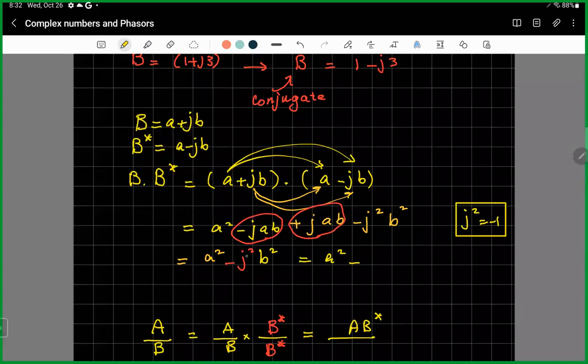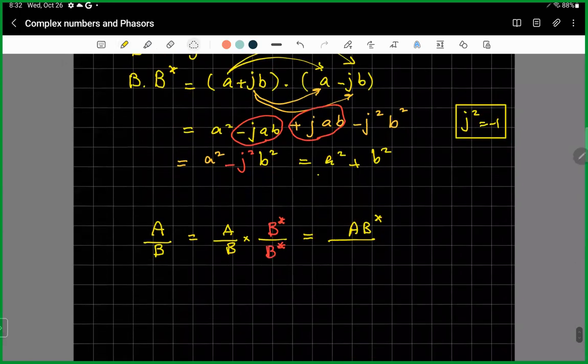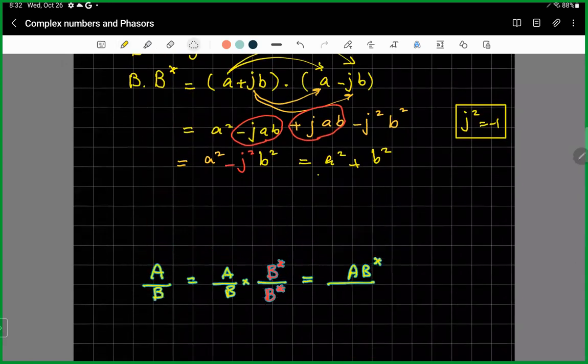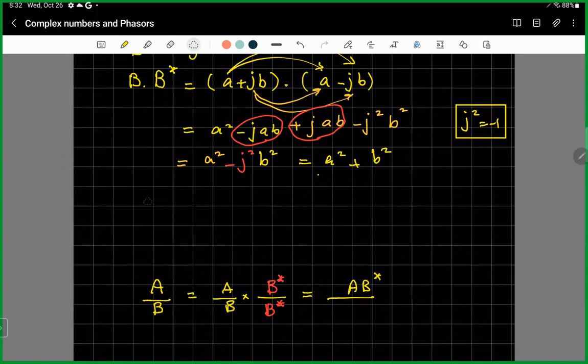So minus with minus gives plus. Ah, that's interesting. So what we found out is that if you multiply any complex number by its conjugate, you get the square of the real part plus the square of the imaginary part. Hmm.